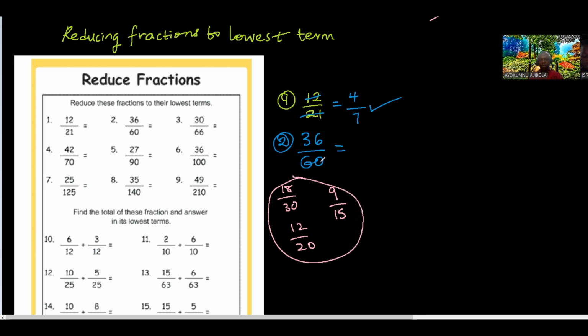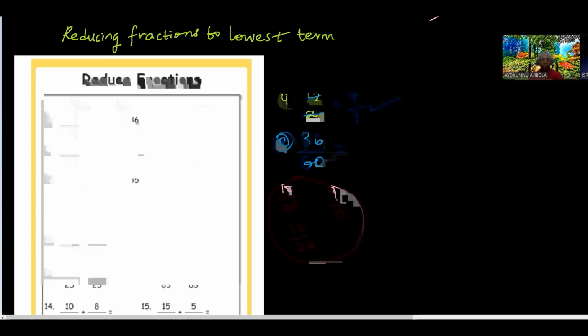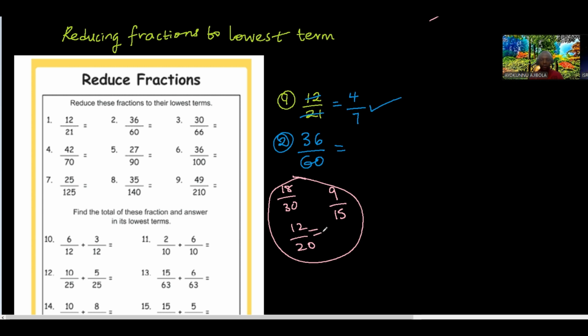So I need to think of another bigger number, maybe 6, okay? With the one that says 12 over 20, you can use 2. Yes, we can still continue, but we want something that we're going to use. So if we think about 6, 6 in 36 is 6, and 6 in 60 is 10. This is still not in lowest term.